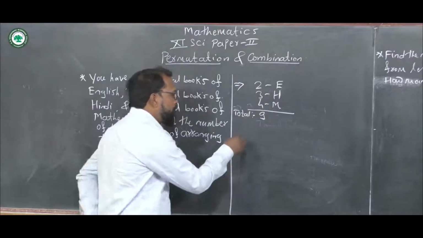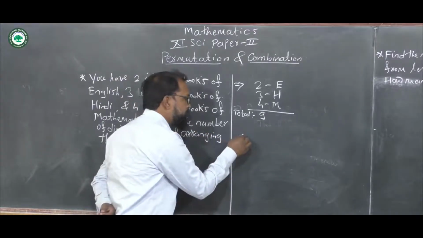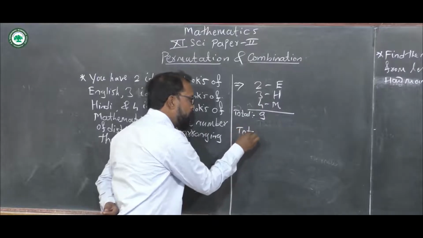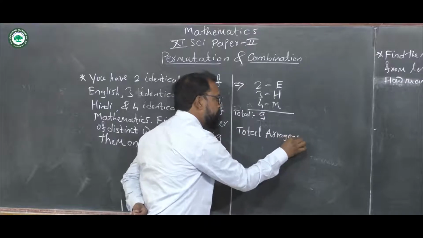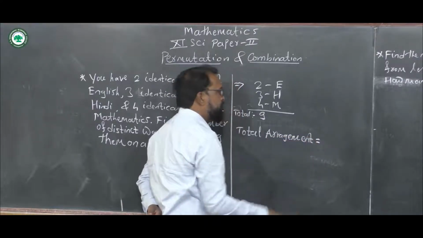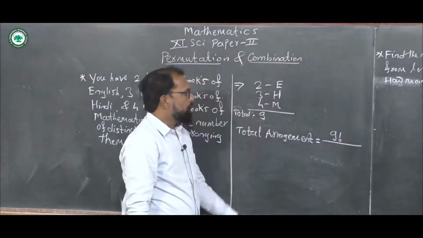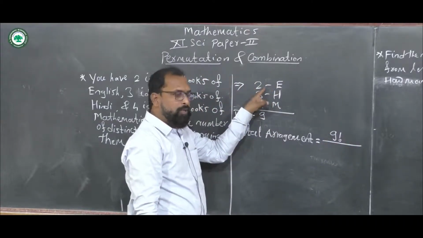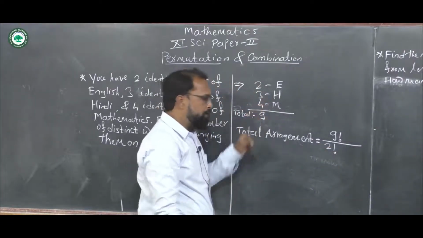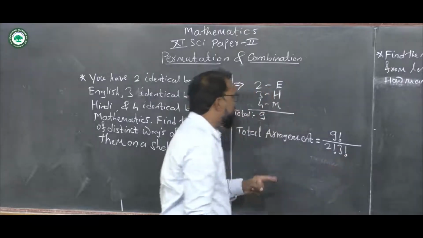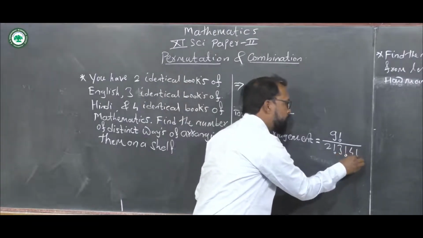So the total different arrangements equals, now the total books, that is 9 factorial upon, now there are 2 identical books of English, so it is 2 factorial, 3 identical books of Hindi, so upon 3 factorial, and 4 identical books of mathematics, that is into 4 factorial.